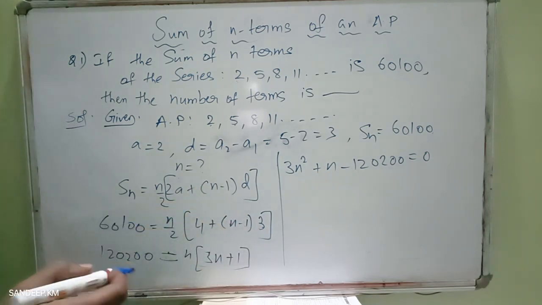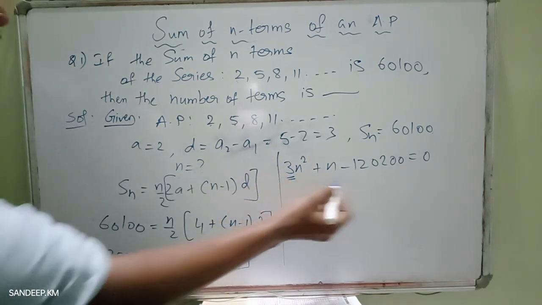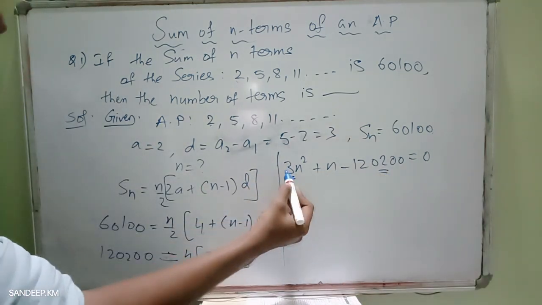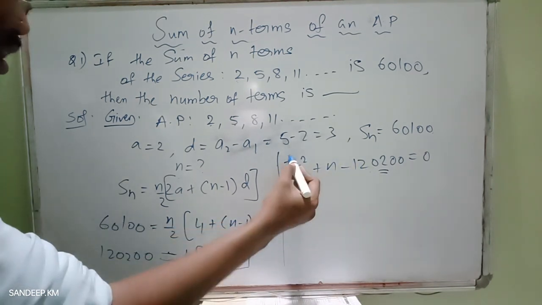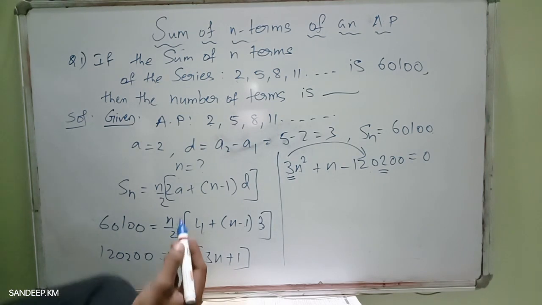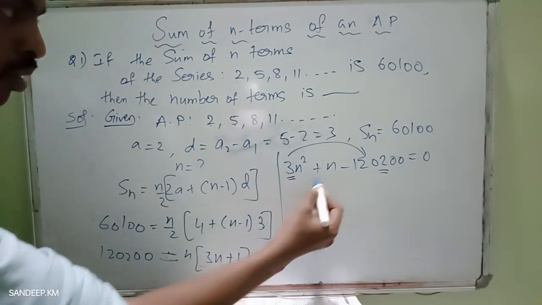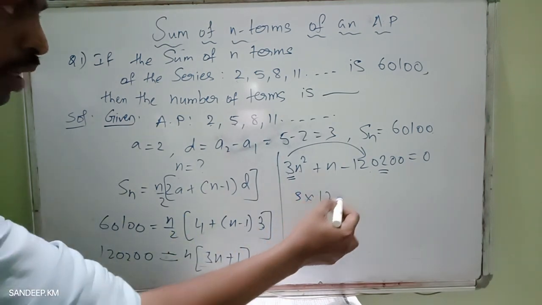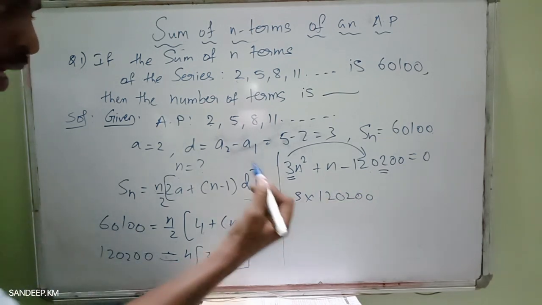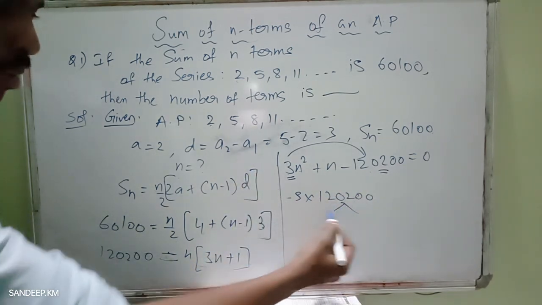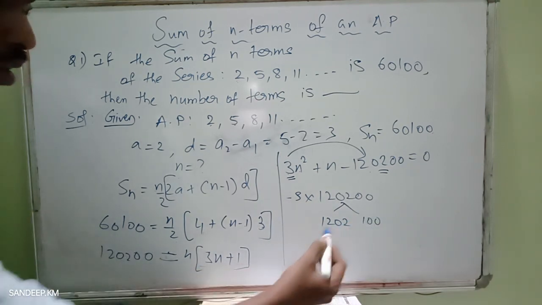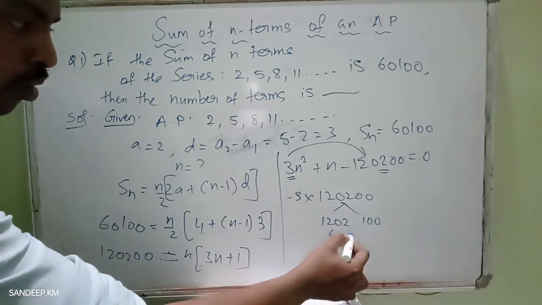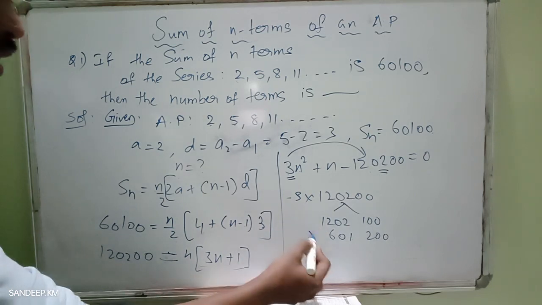So let us continue. If it is of the form a n square plus bn plus c, this is a and this is c. I'll take these two and multiply 3 into 120,200 with a minus sign. This can be written as 1202 into 100 or 601 into 200 into 3.